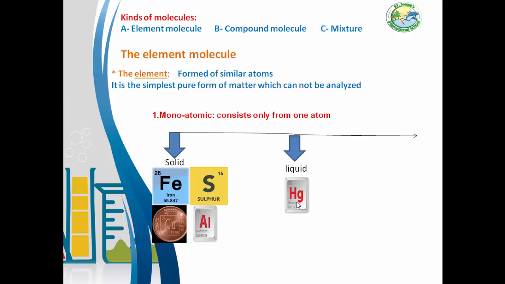Mercury is a liquid monoatomic element. And it can be gas like inert gases: argon, helium, krypton, xenon. So the inert gases are monoatomic gases.